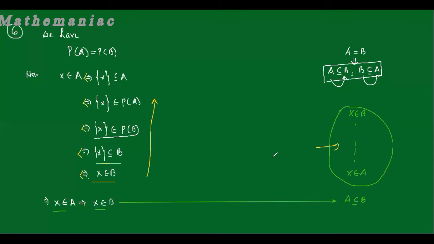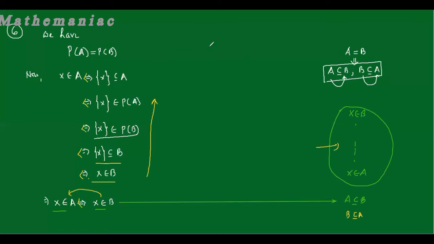If you do it, it will not be wrong, but you have a scope to apply both arrowheads, like implies and implied by. So in the opposite direction, what will it imply? B is a subset of A, right? So you only write this part, what I have filled up here.